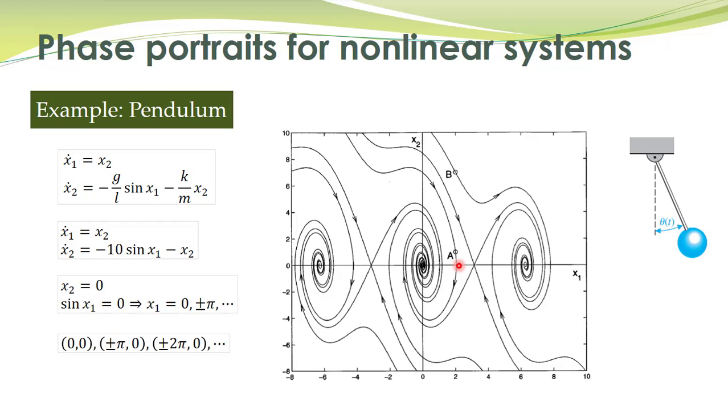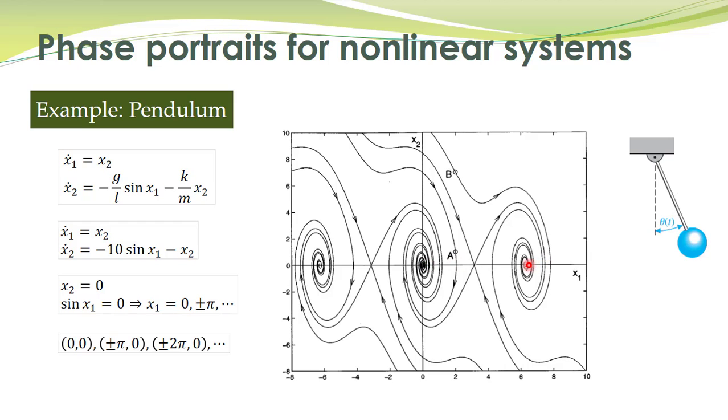So for this initial condition, what will be the response of the system? It is a stable focus. That is, the trajectories will finally converge to the origin after oscillations. That we already know because we already know this physical system. So even if you do not have a physical understanding of this system, you are now able to describe the qualitative behavior of this system near the equilibrium point.